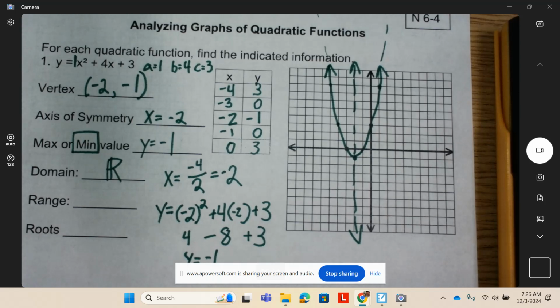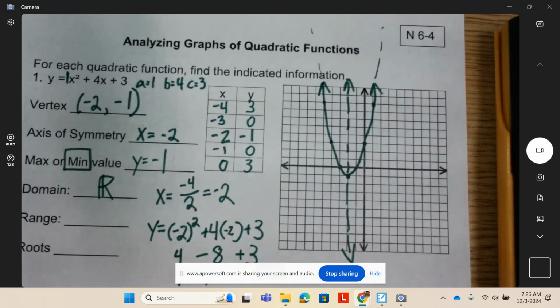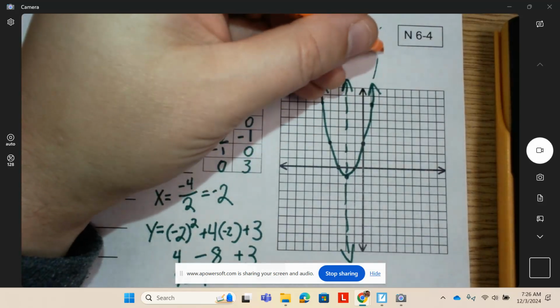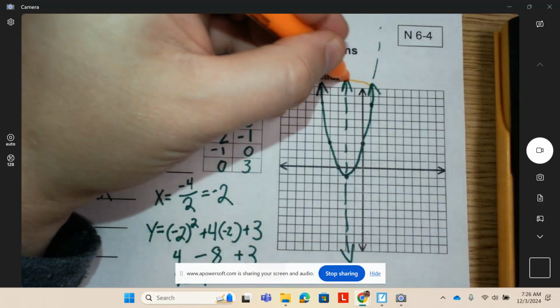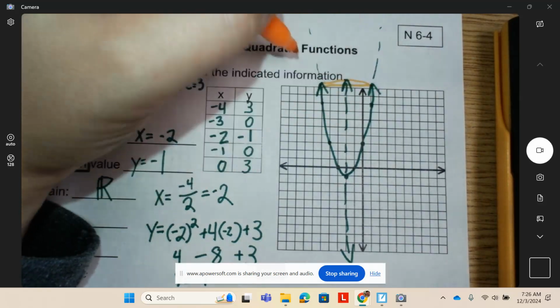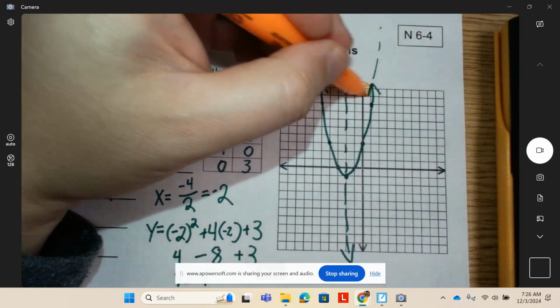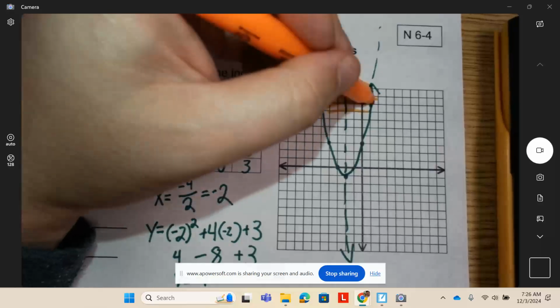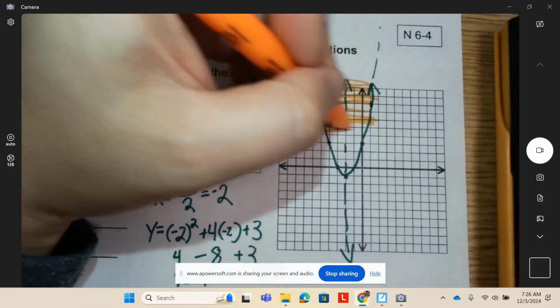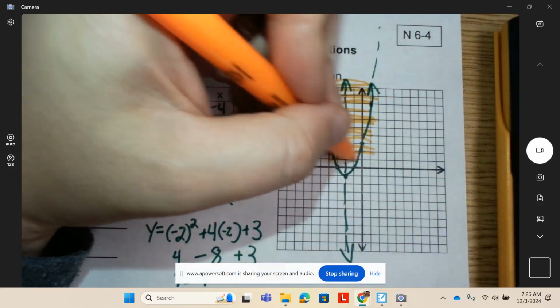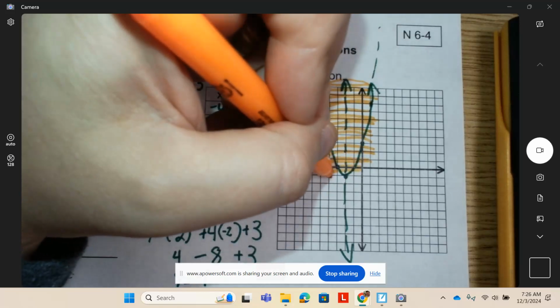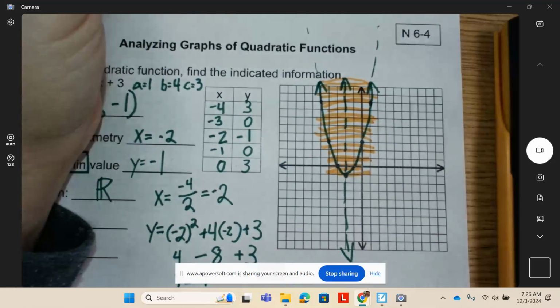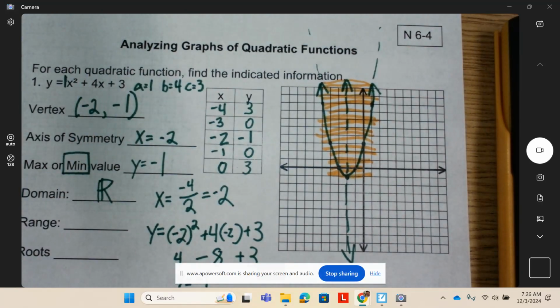If I look at my range, starting up top, I could keep on going forever and ever. You've got y values here and here and here, getting smaller and smaller as we go down, still hitting y values as I go. But once I'm right here, I stop hitting any y values and there's nothing left.